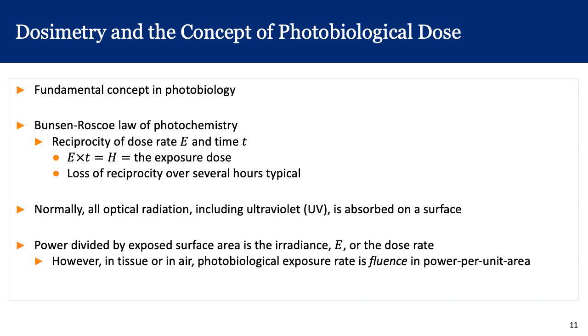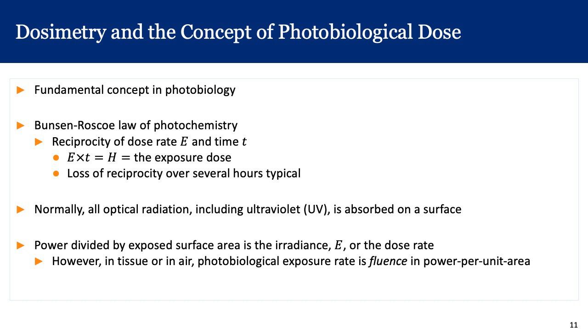In other words, if I have a flash lamp and deliver 1 millijoule per square centimeter on my skin, the biological effect is going to be the same as with a much lower power lamp, which gives the same millijoules per square centimeter, but its dose rate is much, much lower because it might take 10 or 15 minutes to achieve the same exposure dose.